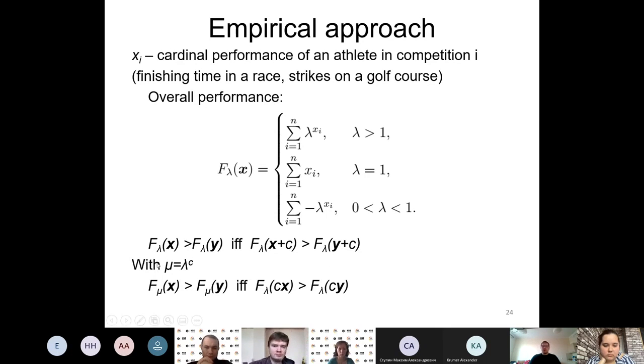And actually, we have another desirable property here: if we multiply these vectors x and y by some constant c, in the sporting context, it means that it doesn't matter whether we count our finishing time in seconds or in minutes. And the result will be the same, provided that the organizer does not forget to adjust his parameter lambda.